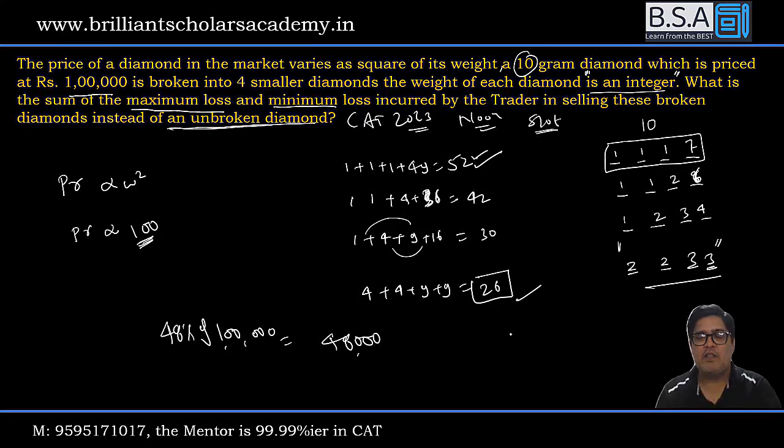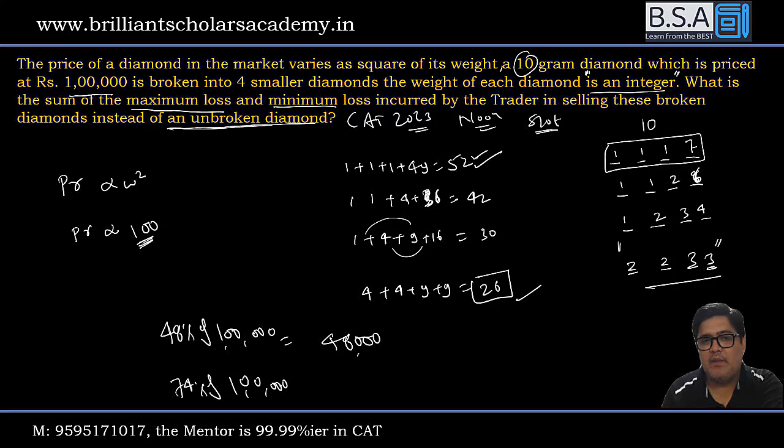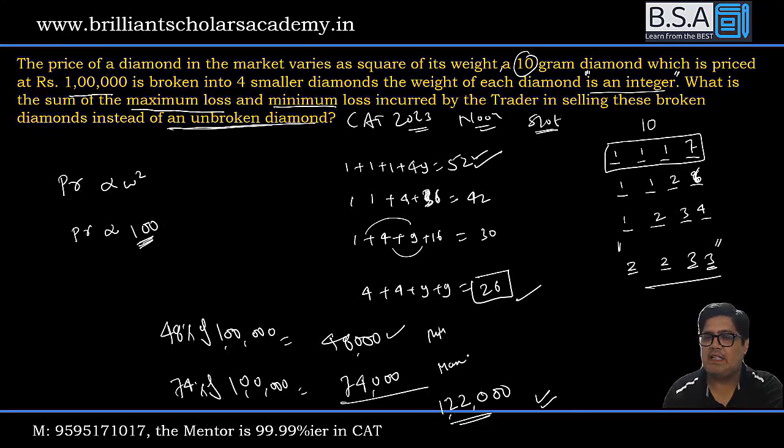So what is your loss? 74% of 1 lakh. My question was, can you tell me the addition of maxima and minima loss? What is the addition of both? 1,22,000 is the addition of minimum loss as well as maximum loss.